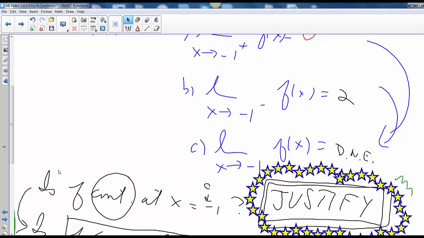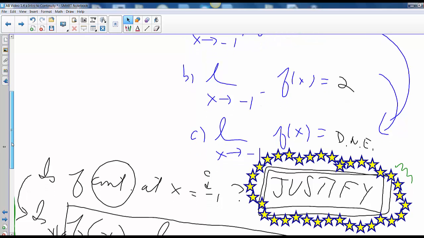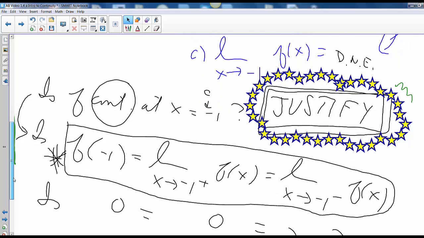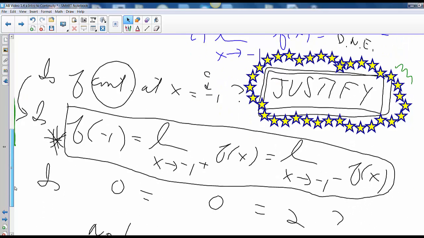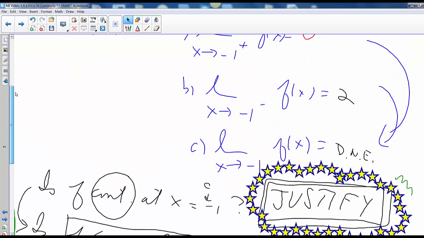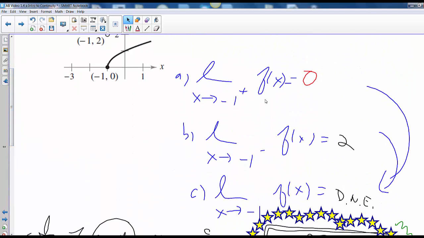So again, in order to decide that, we need the trilogy. Is f of negative 1 equal to the limit as x approaches negative 1 from the right of f of x? And is that equal to the limit as x approaches negative 1 from the left? Now these two answers we got: the limit as x approaches negative 1 from the right was 0, and the limit as x approaches negative 1 from the left was 2.